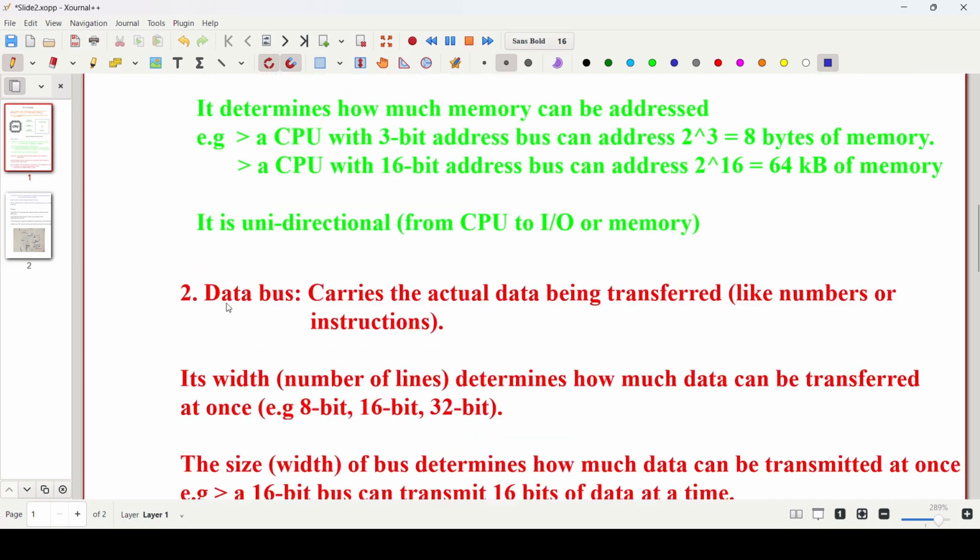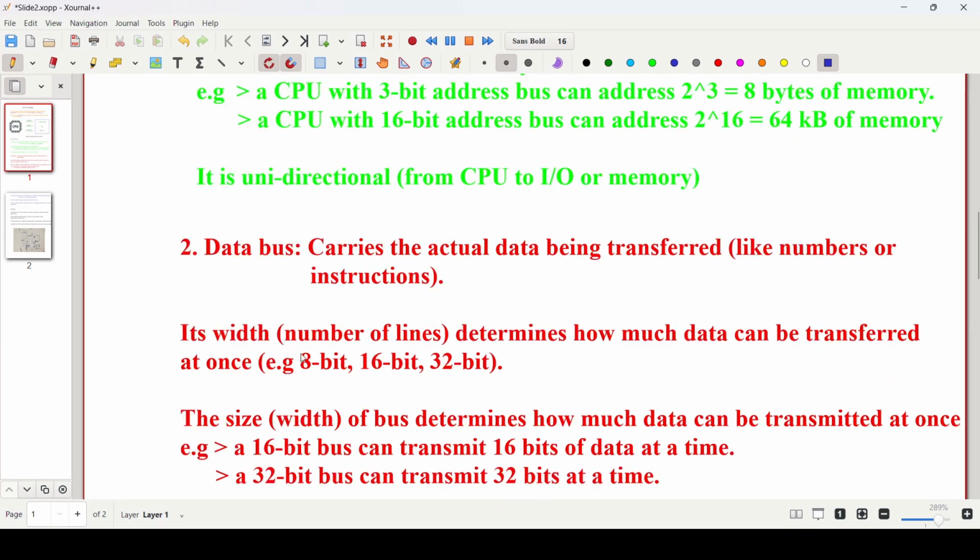Now let us discuss the data bus. It carries the actual data being transferred, like numbers or the instructions given to the CPU by the user. Its width, the number of lines, determines how much data can be transferred at once. How much data can be carried by the data bus is calculated in bits, for example 8-bit, 16-bit, 32-bit.